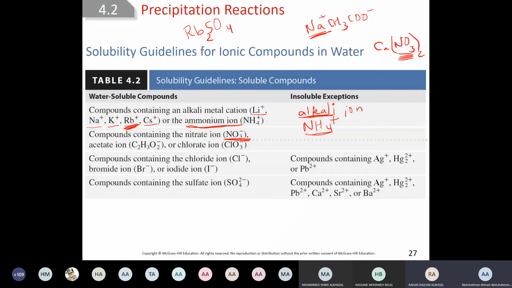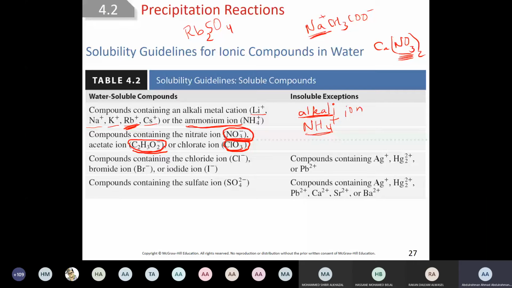All right. Okay. Anything that contains acetate ion will dissolve in water. Anything that contains chlorate will dissolve in water. So when you see these ions, nitrate, acetate, and chlorate, they will dissolve in water.